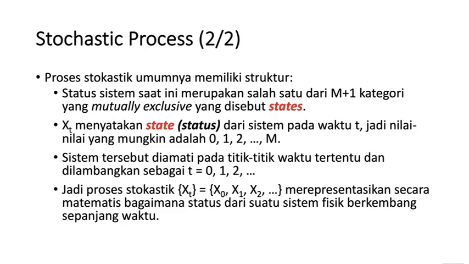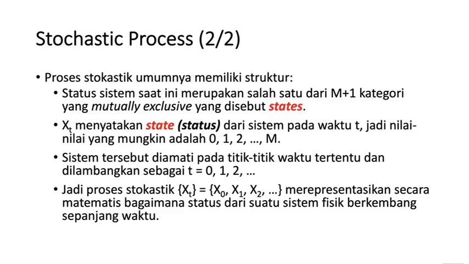Okay, the stochastic process in general has a structure. The status of the system today is one of M+1 categories, which are mutually exclusive. We call them states. So a state is a condition. This is the status of the system at time t. So the values will be 0, 1, 2, 3 until M. So this is just a code, right?